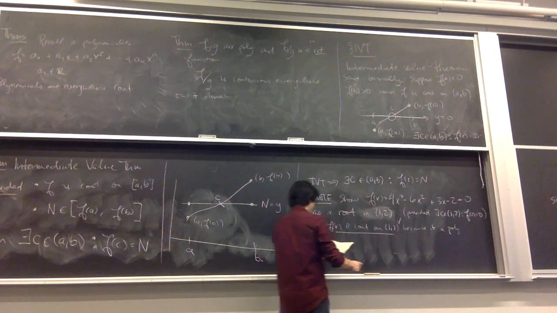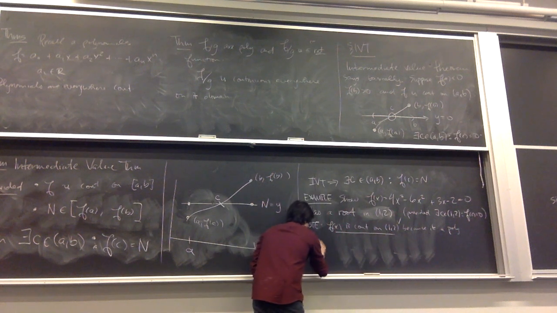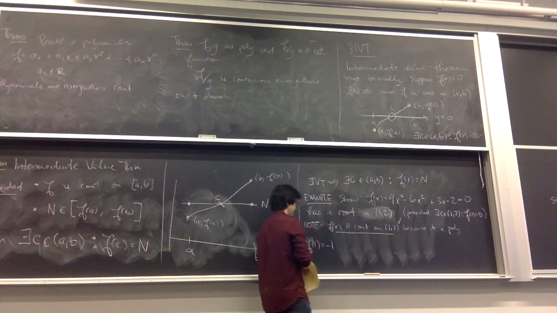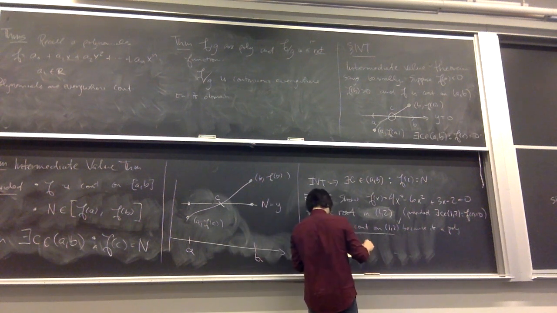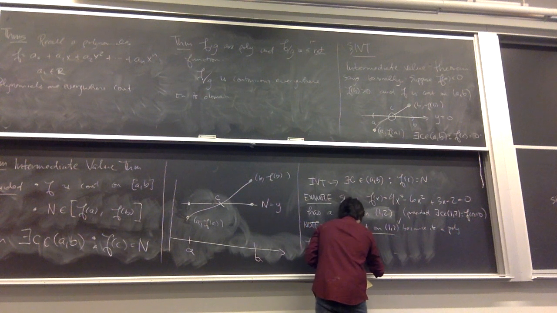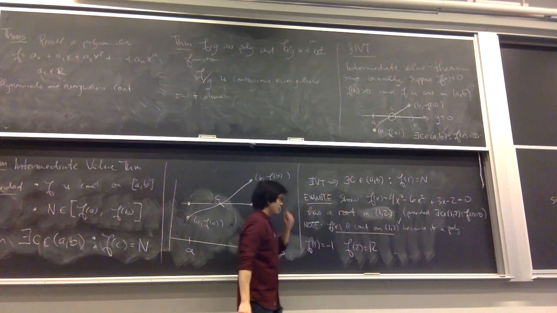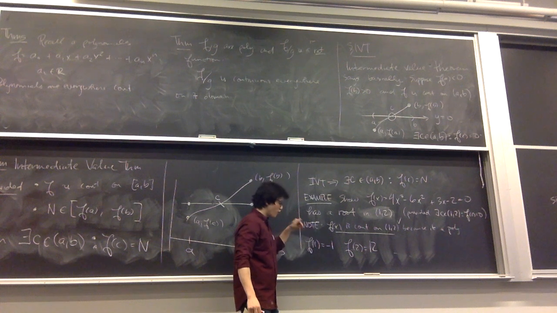Now, I'll just tell you, f of 1 is minus 1, and f of 2 is 12. So I know that this function goes from the point (1, minus 1) to the point (2, 12), and I can't lift up my pen.